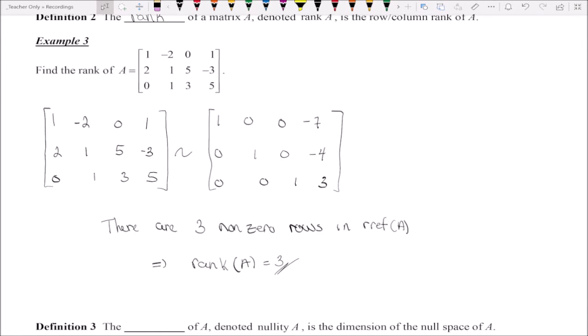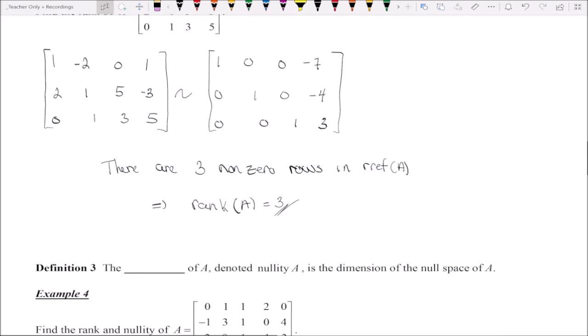Well, this leaves us with one more quantity of a matrix to define, and that's the nullity. We say the nullity of a matrix A, which is simply known as nullity of A, is the dimension of the null space of A. And recall what we said the null space of a matrix was.